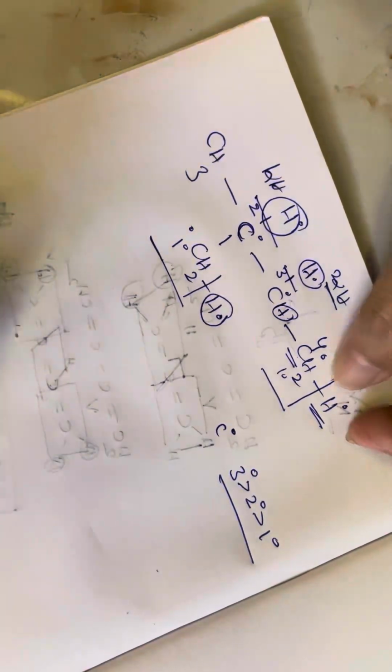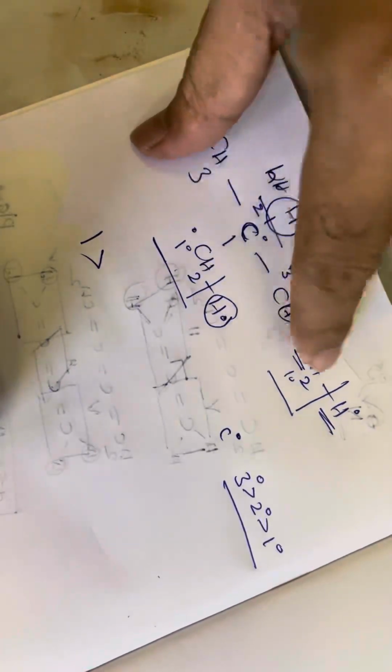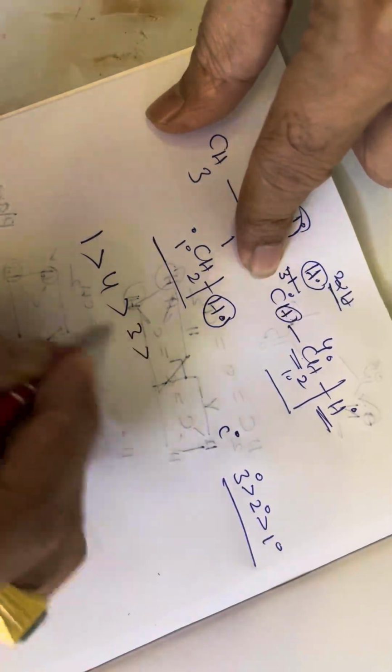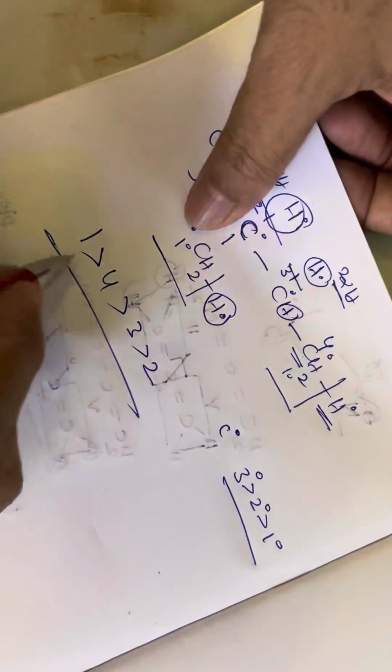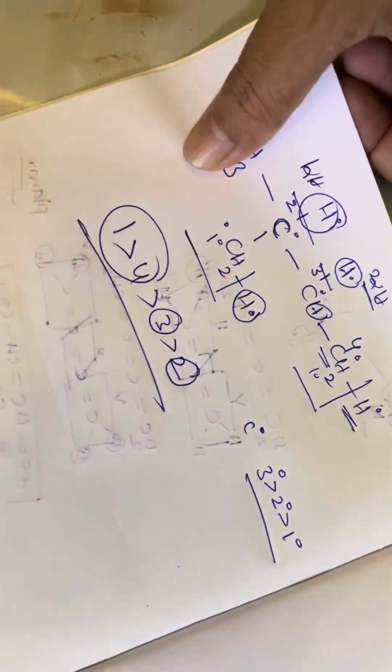Okay. The first, very difficult one is the first carbon. Next difficult is the fourth carbon. Next difficult one is the third carbon. Very easy is the second carbon, because these two are primary, this is secondary, this is tertiary.